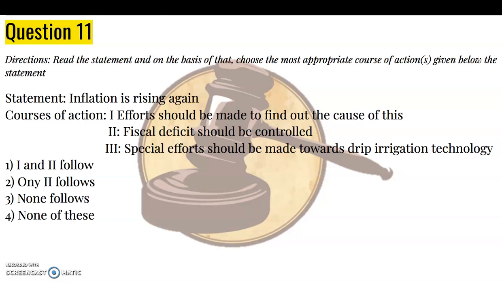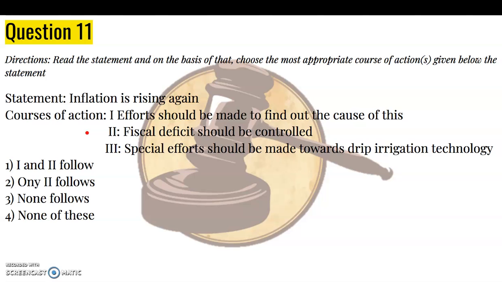It's a very specific course of action, and the problem is too general. So the general problem must have general solutions, like fiscal deficit, that is the leading cause of inflation always. So the answer to this question will be only 1 and 2 follow.